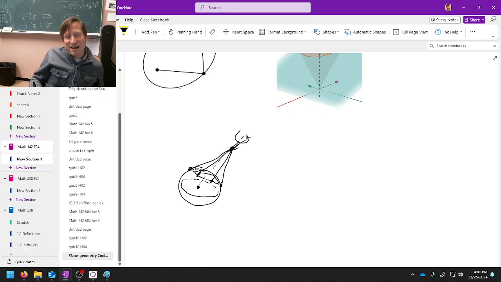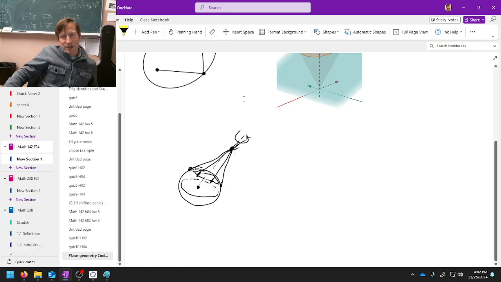Well, if you rotate the diagram around that line, all of these tangent line segments will just rotate into other tangent line segments, and that means they all have to be the same length, right? If you can rotate one into the other, they must have been the same length, because rotation doesn't change the length of anything. So that is one important fact that we're going to use.